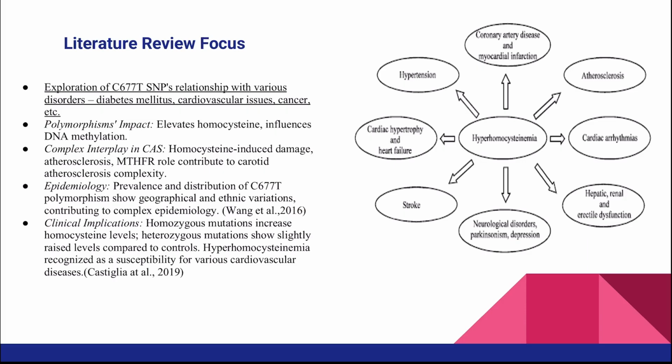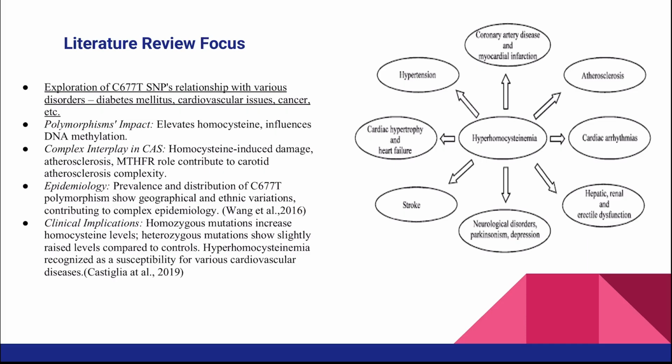So we explored various relationships and associations with this genotype. Moreover, in our review, we focused on variation from population to population, so ethnic variation has also been discussed and studied.